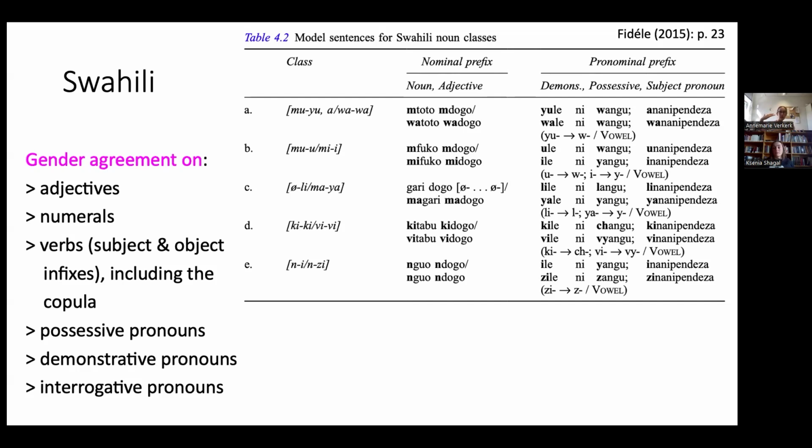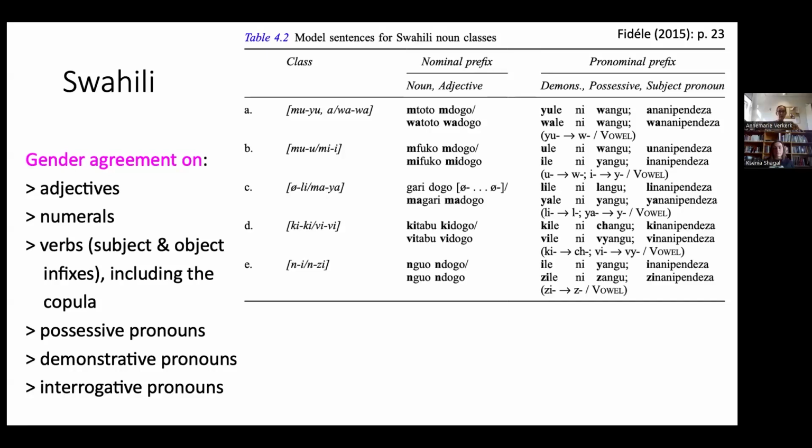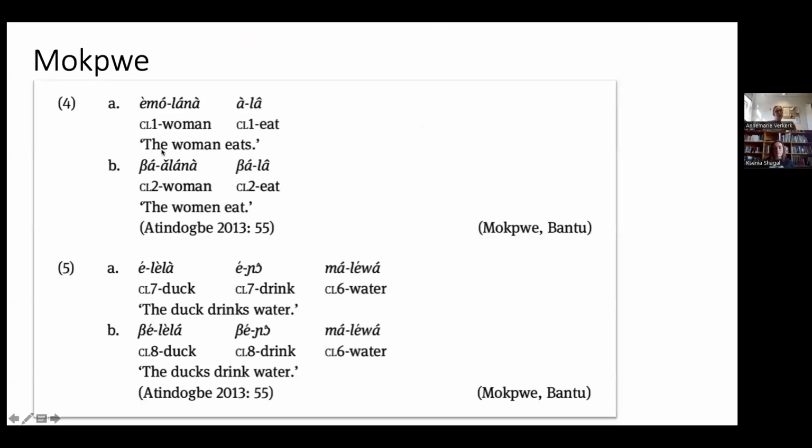So it can be a really large list of targets that reflect gender in Bantu languages. It's really pervasive. But then, typically what happens in Mokwe is that we have class 1, 2 nouns that take class 1 or class 2 agreement on all of these targets.